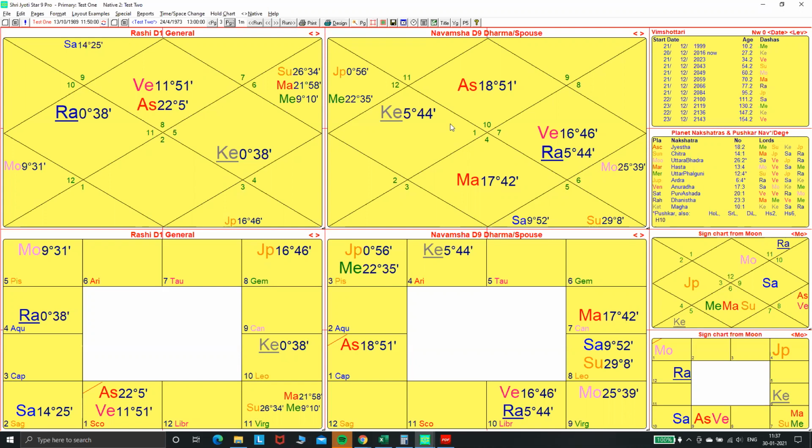Transits are a small portion of the complete reading, but I see a lot of stress given to transits on these everyday YouTube videos. But it's really important to look at the chart first and the dasha sequence first, and then look at transits.